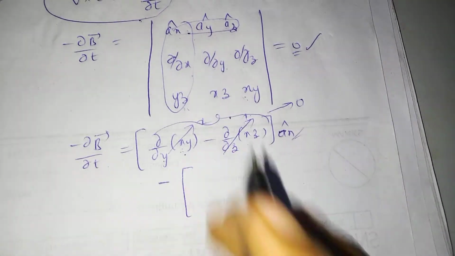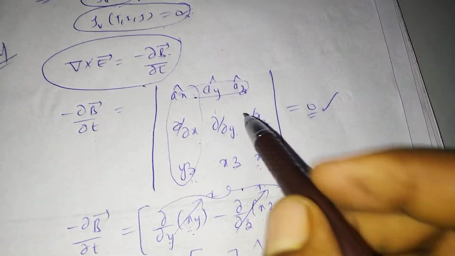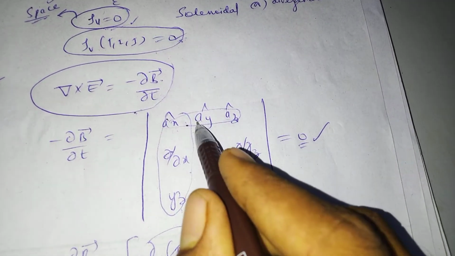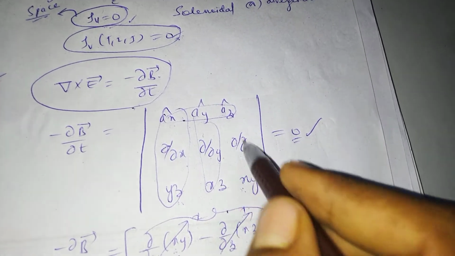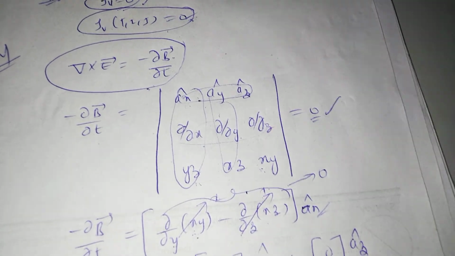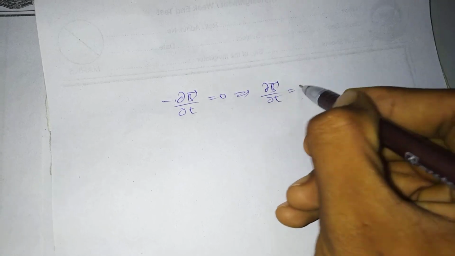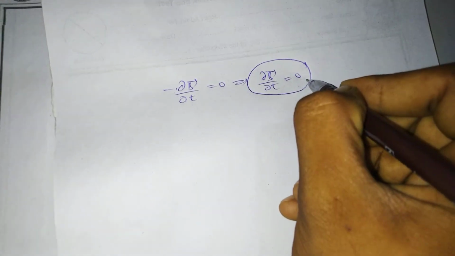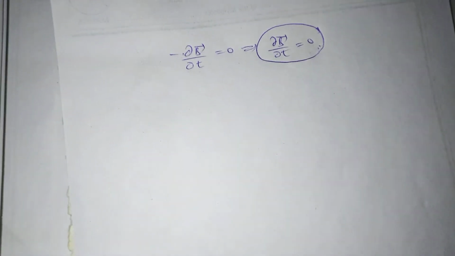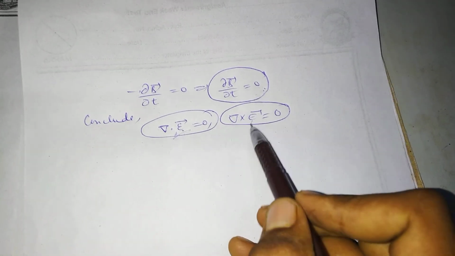Similarly in the y direction 0 and the z direction 0. If you have any doubt, do the second column, second row similarly. What do we get? 0. So for the curl, we conclude that the divergence of the electric field is 0 and the curl is 0.